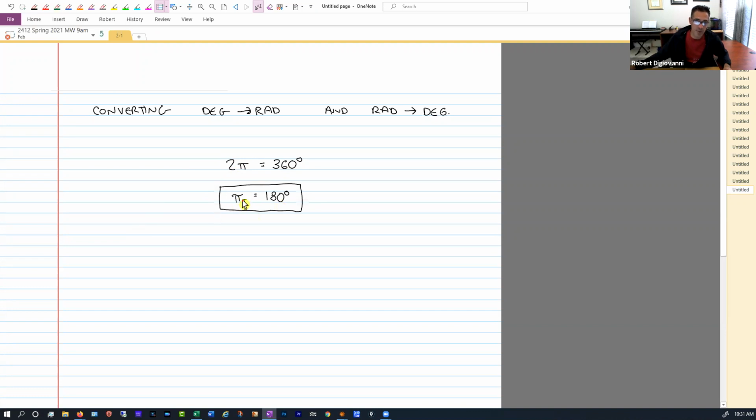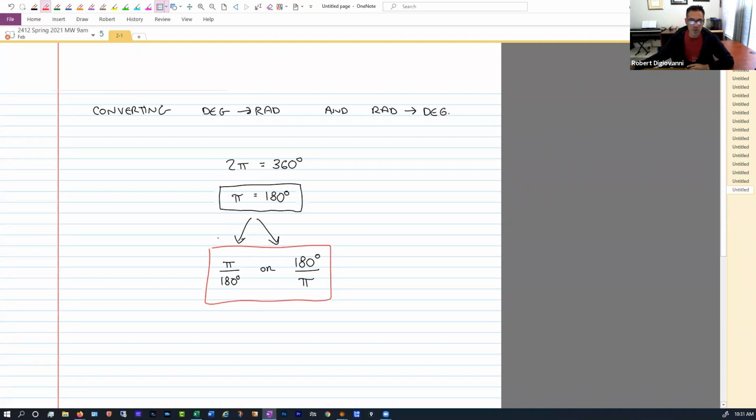Again, I'm not writing it, which means it's there. Pi radians is 180 degrees. Now, from that, I can create 2 conversion factors, either pi over 180 degrees, or I could do it the other way, 180 over pi. These are my 2 conversion factors. So those are the things that I can use to convert.